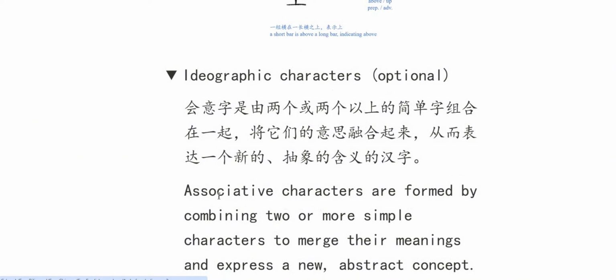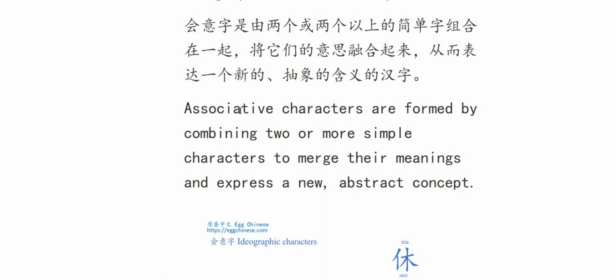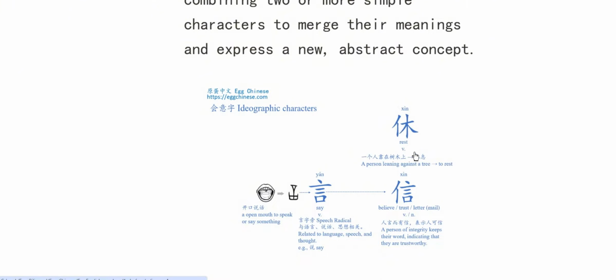Next one, ideographic characters or associative characters are formed by combining two or more simple characters to merge their meanings together and express a new abstract concept. For example, here, the meaning of this character is combined by the left part and the right part.